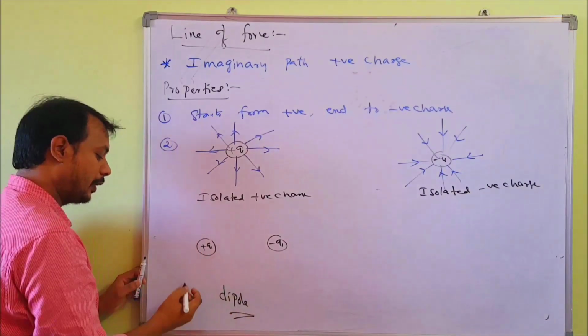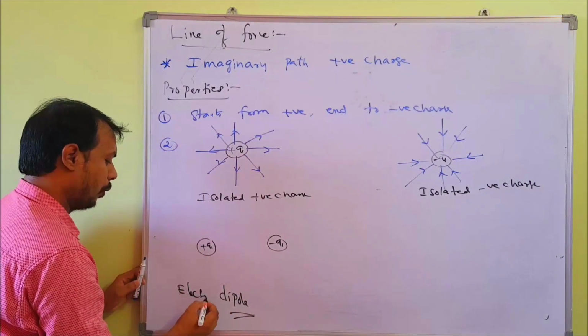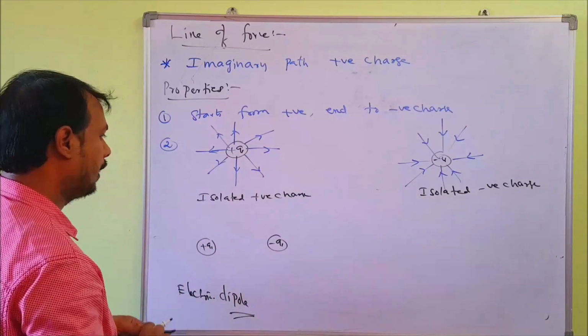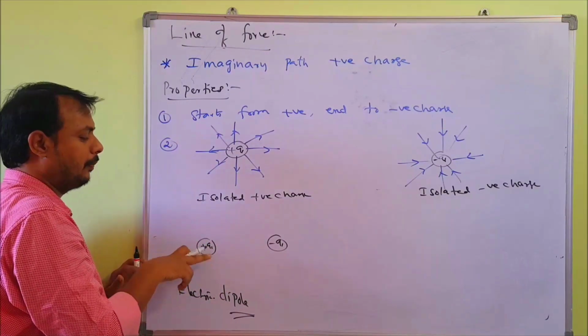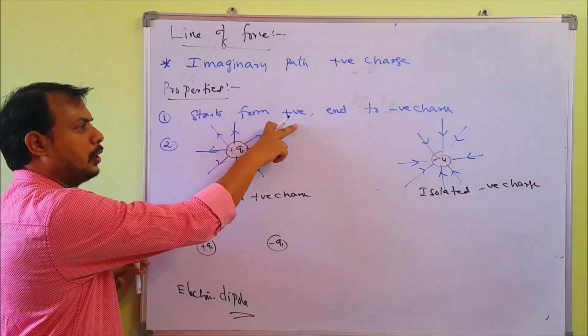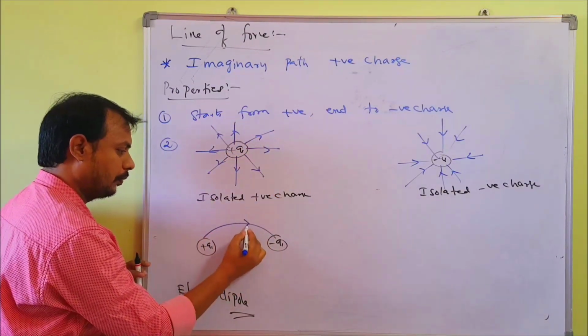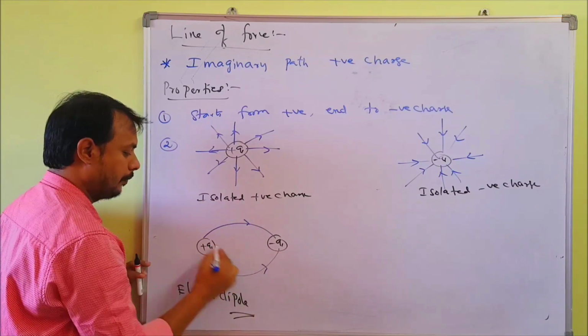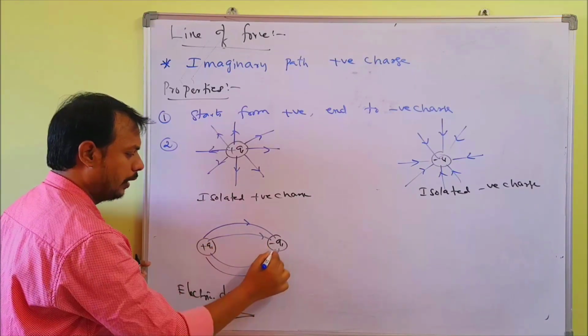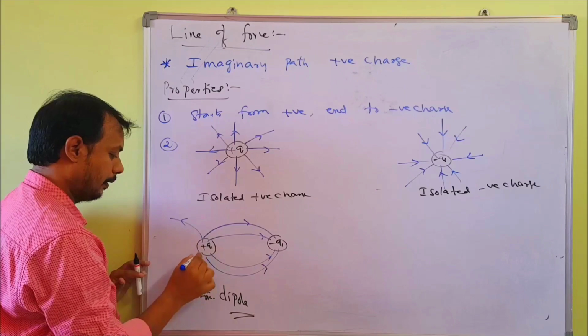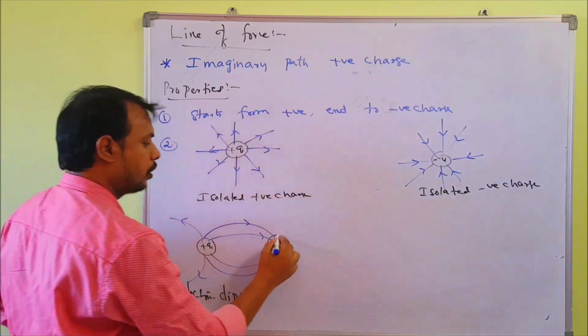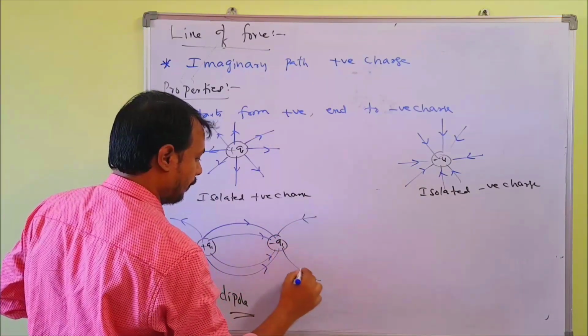For an electric dipole, the lines of force start from the positive charge like this and end at the negative charge, radially outwards and then inwards.